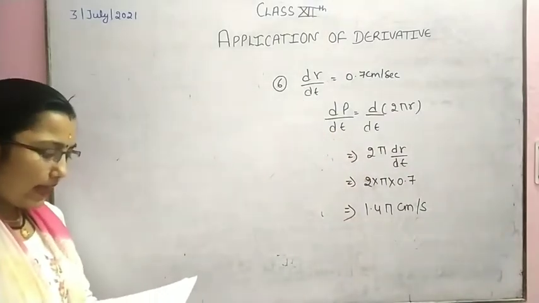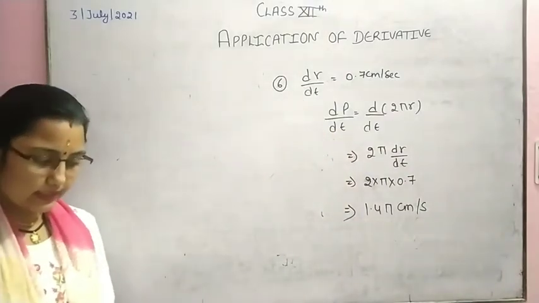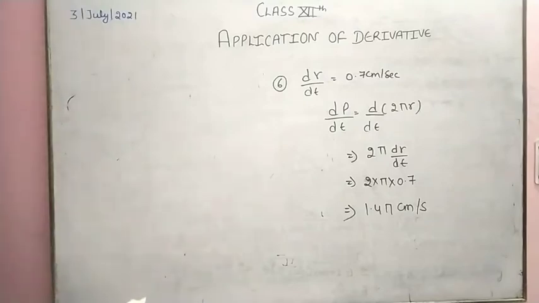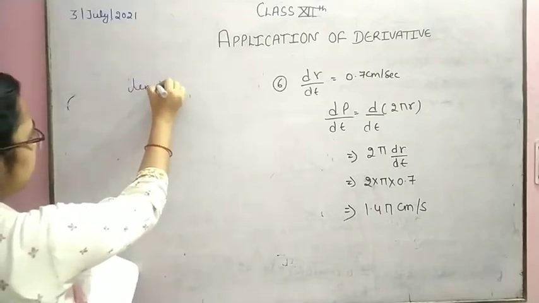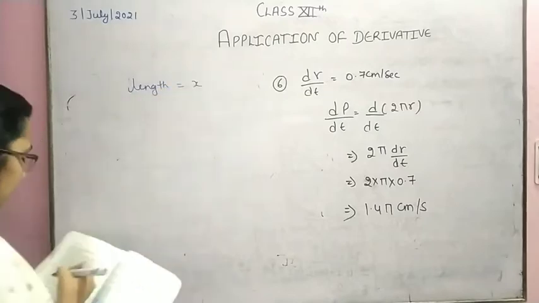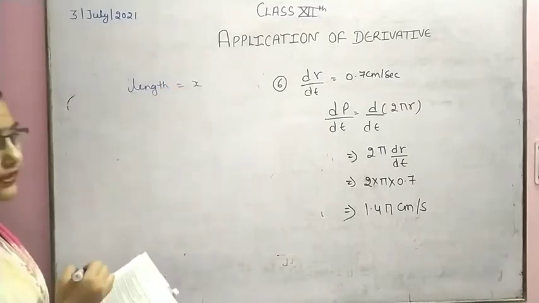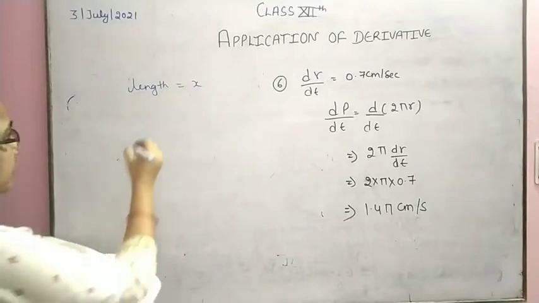The length x of a rectangle is decreasing at the rate of 5 centimeter per minute. So it is given that the length of the rectangle is x, and it is decreasing at the rate of 5 centimeter per minute.